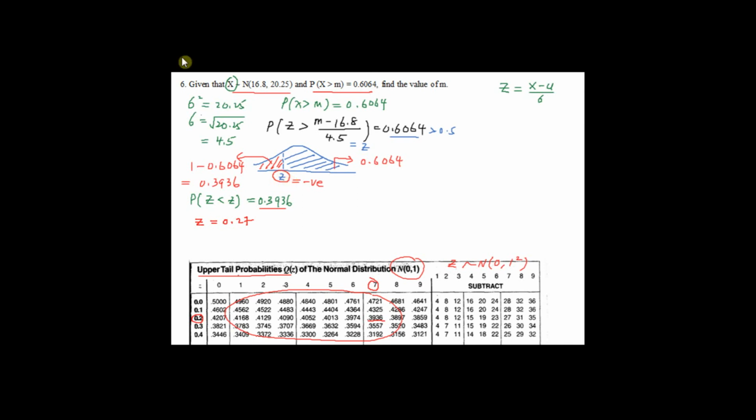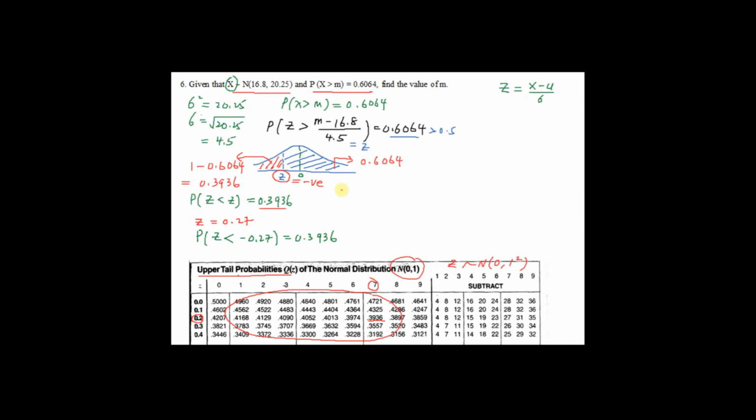Why is it negative? Because for a standard normal distribution, the mean here will be 0. Therefore, our Z score on the left hand side will be a negative value. So now we should know that probability Z less than negative 0.27 is equal to 0.3936.